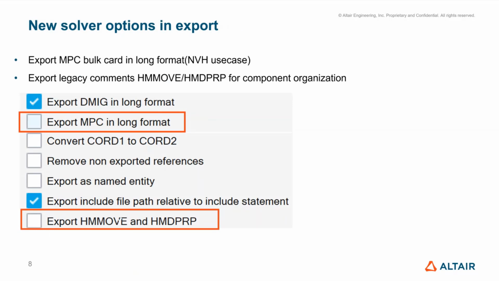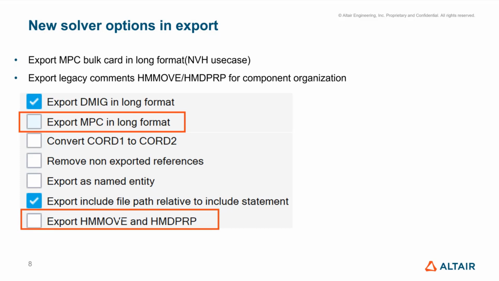And some of the solver options in the export browser for the NVH use cases, we added an option to export the MPC bulk card in the long format, and we already have other solver options which were available in the past release, like the export in long format. What happens here is, some of the user models, especially from NVH, have certain bulk cards in long format, and the rest of the input deck is in standard or fixed format.